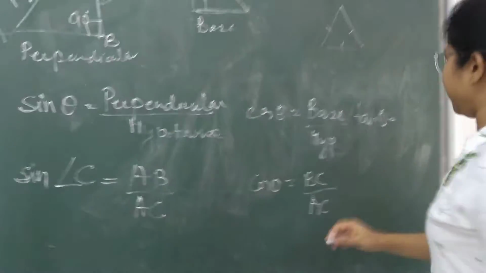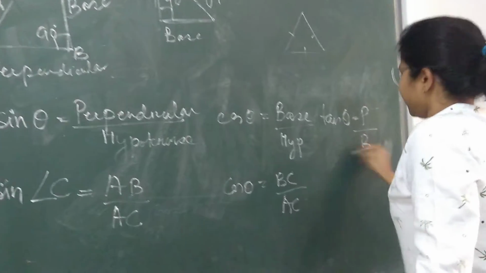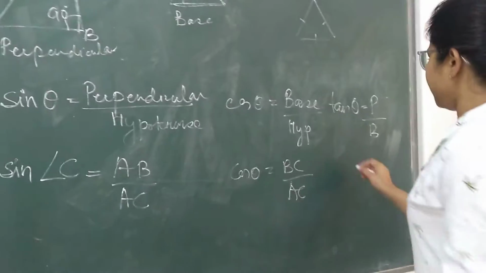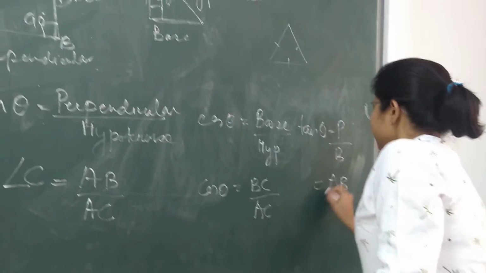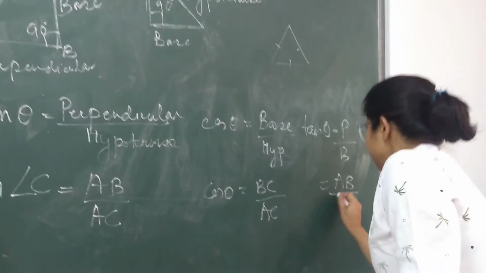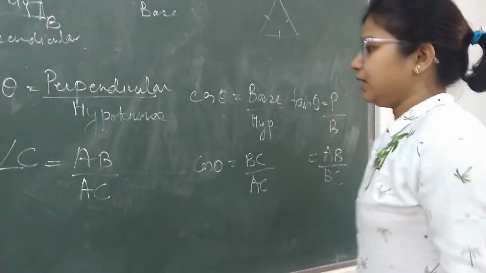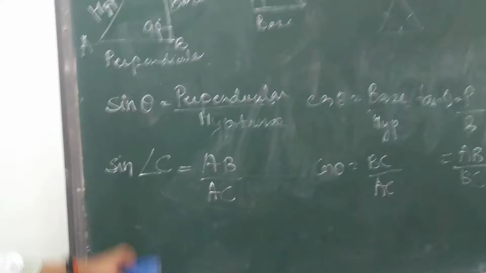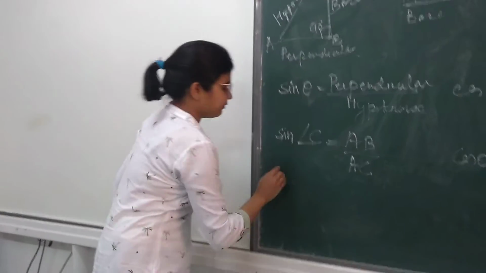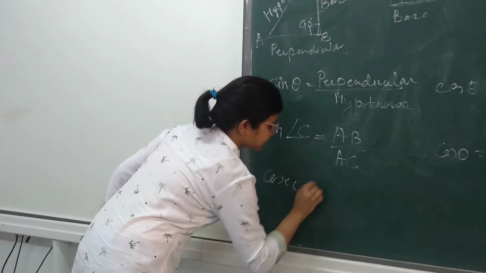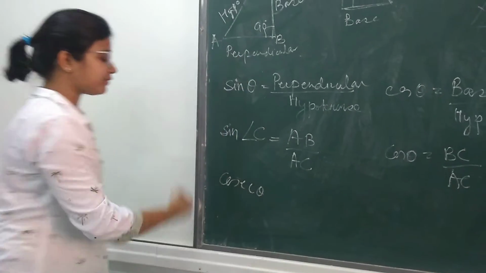Similarly, we have tan theta. Tan theta is perpendicular by base, where perpendicular is AB and base is BC. We have three more trigonometric ratios. First is cosec theta, which is the opposite of sine theta.